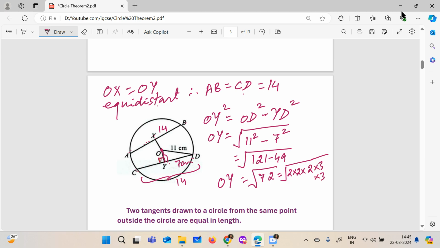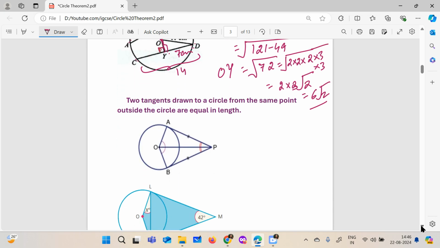So we can take out the common factor. So 2 into 3 will come out, and then you have here root 2. So you get the answer as 6 root 2. Okay. Now let's see the next one.